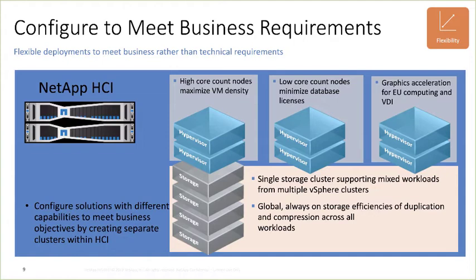And with this disaggregated architecture, we have dedicated storage CPUs where the storage OS runs. And this disaggregated architecture allows for us to have our workload CPUs and GPUs run independently, right? So having these efficiencies running on NetApp HCI will never impact your workload performance or your multiple workload performance environments.